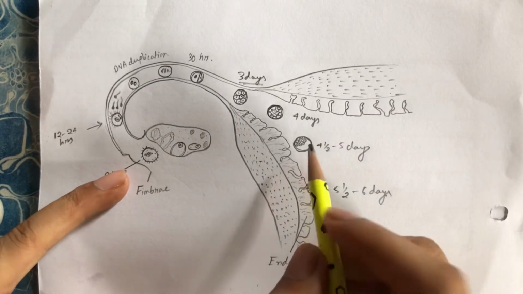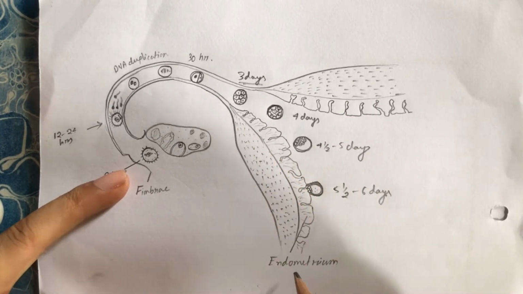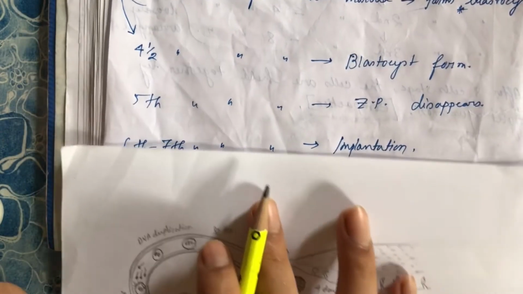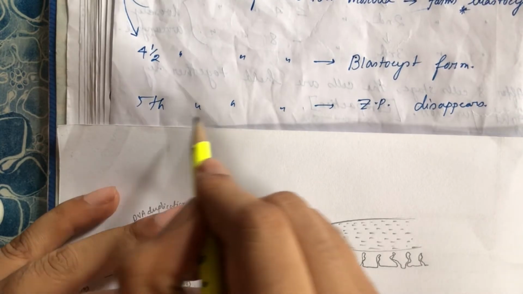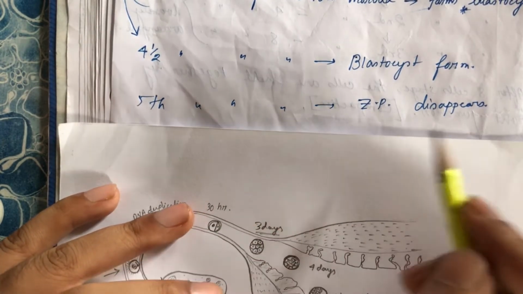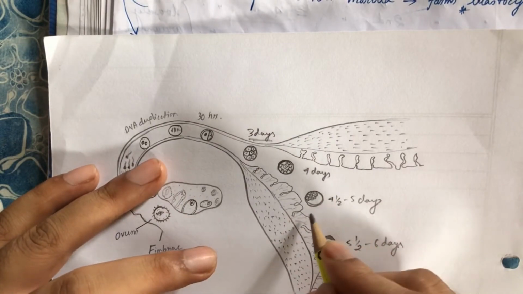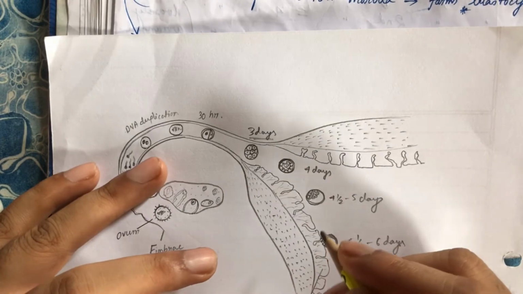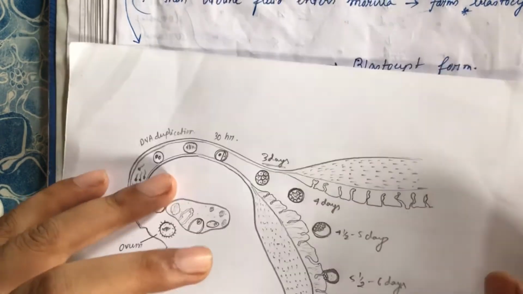It is coming nearer to the endometrium. This is the endometrium where implantation will occur. On the 5th day after fertilization, the zona pellucida, the outermost layer of the ovum, will disappear.